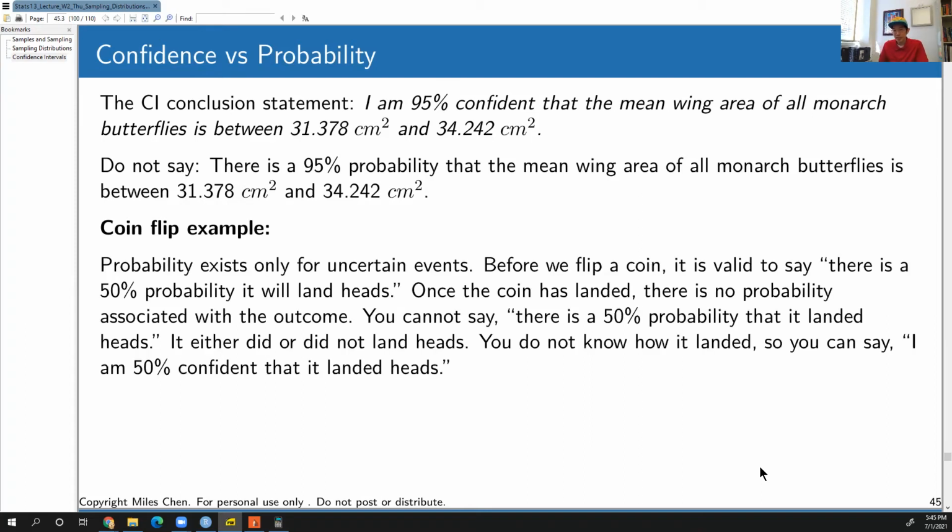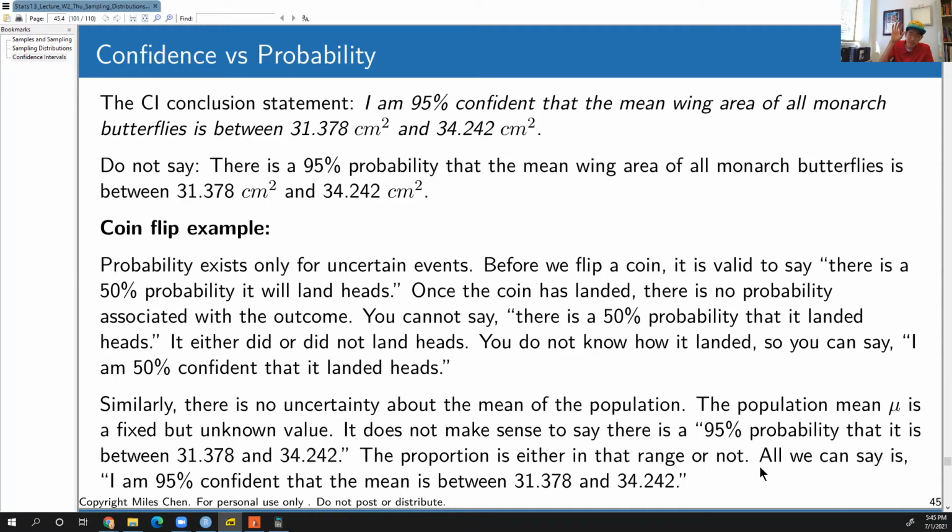Okay. And so similarly, when we're talking about the mean of the population, we're treating it as some fixed value.